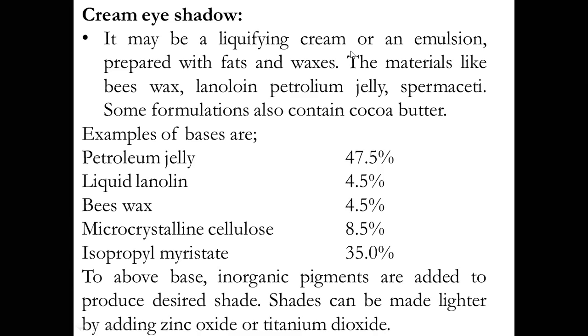So this cream base contains appropriate colorant material, usually inorganic pigments, and the shade of the eyeshadow can be attained by adding appropriate levels of zinc oxide or titanium dioxide.